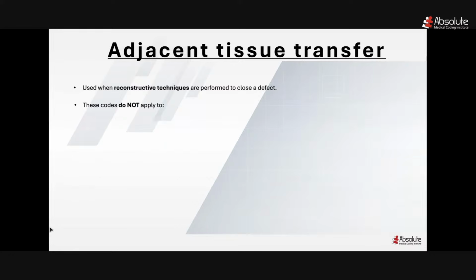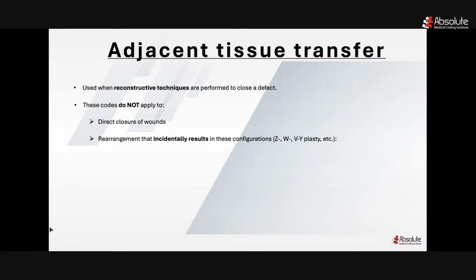All right. So these are used when reconstructive techniques are performed to close a defect, basically moving the tissue around to cover the wound. And these codes do not apply for a direct closure of wounds. That is just a standard repair procedure and rearrangement that incidentally creates a Z, W, V or Y shape.